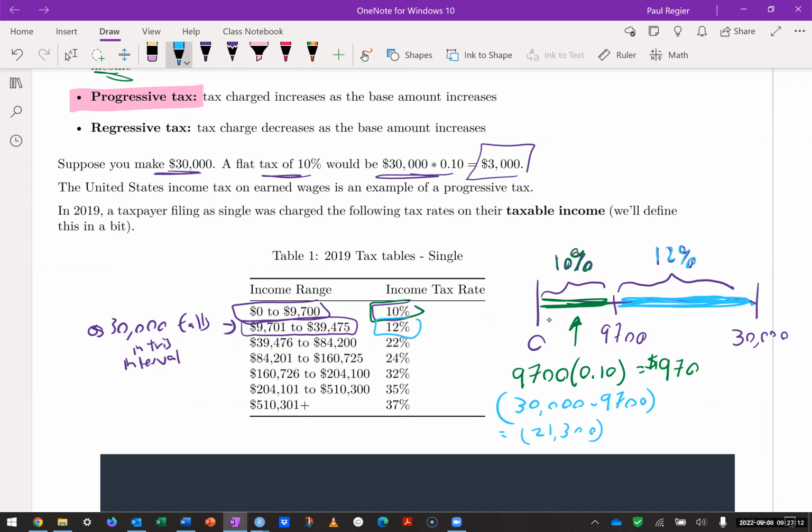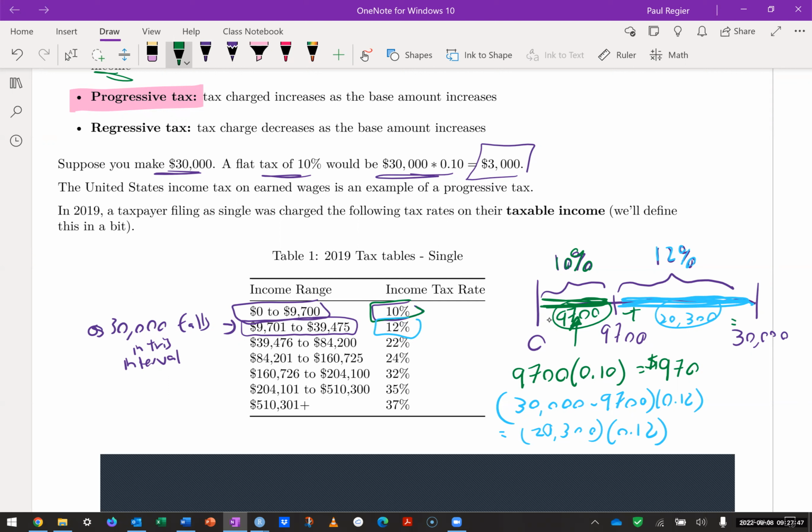We're going to multiply that by 12%. Grab my calculator here. I'll check my work. It should be 20,300. Always good to check. Notice this number plus the green number, 9,700, add those up, you get 30,000.